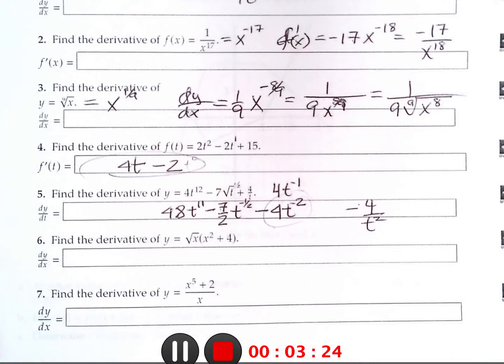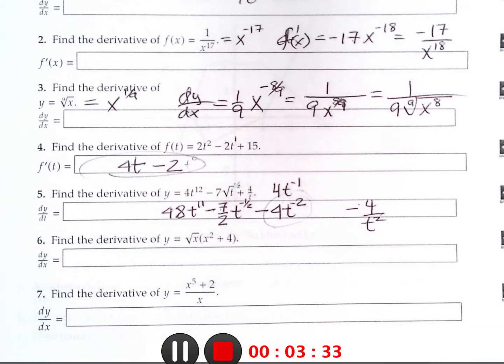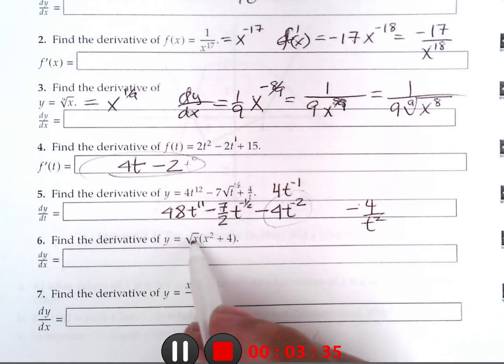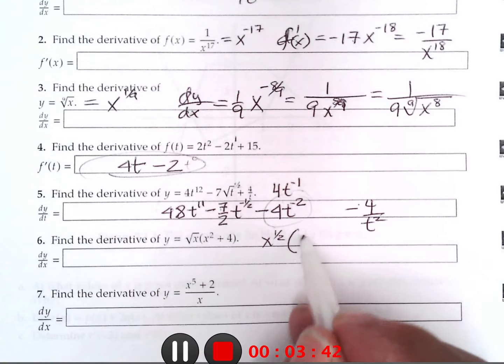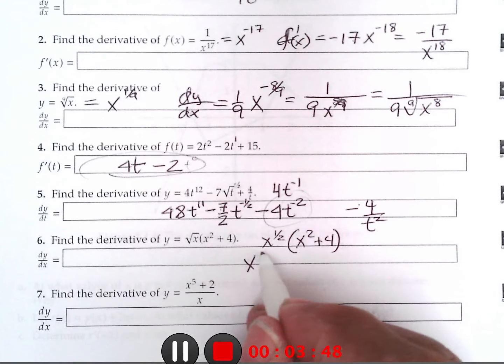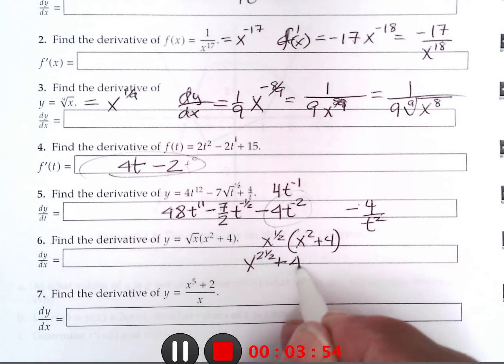This one, without knowing a product rule, two functions multiplied, we better multiply it in so that we know how to do it. Well, this is x to the 1/2. So if we take x to the 1/2 times x squared plus 4, we get x to the 2 1/2 plus 4x to the 1/2.